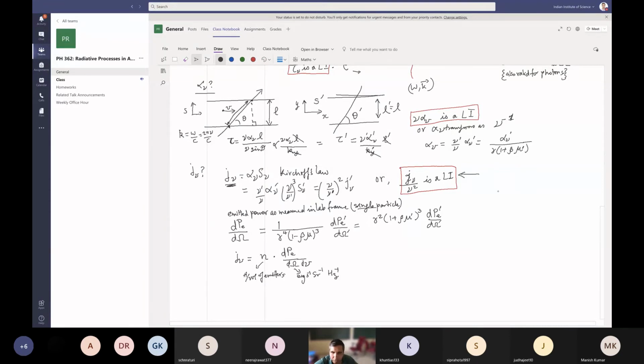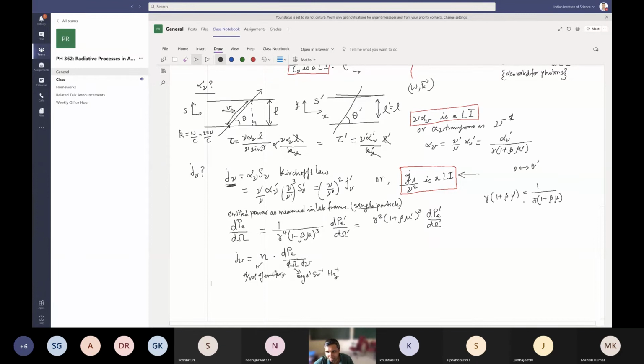This one: gamma times 1 plus beta mu prime is equal to 1 by gamma times 1 minus beta mu. This is exactly the aberration formula. If you recall, there was this theta to theta prime. So this is stuff that I may ask in the exam. It's simple things: how does a direction change if you go from one frame to the other?